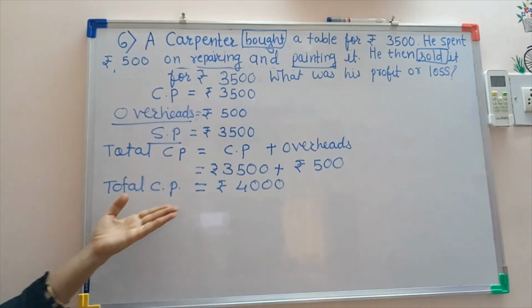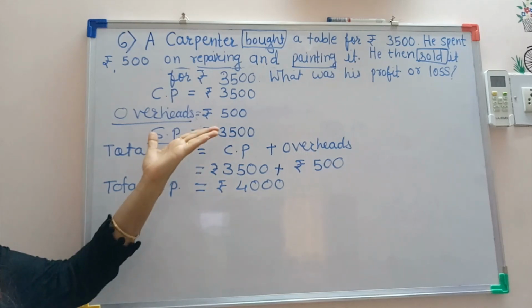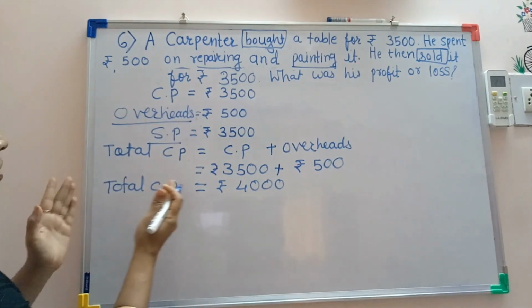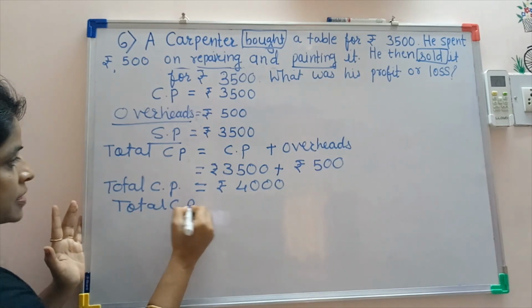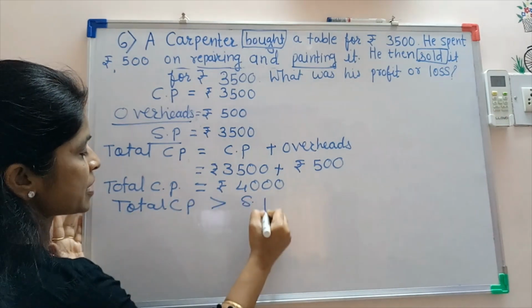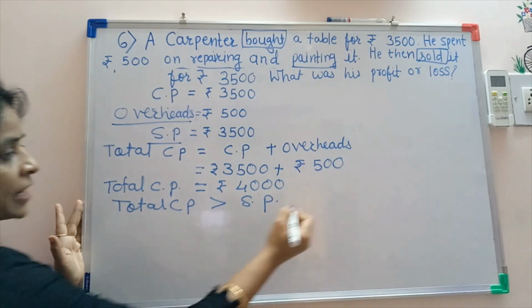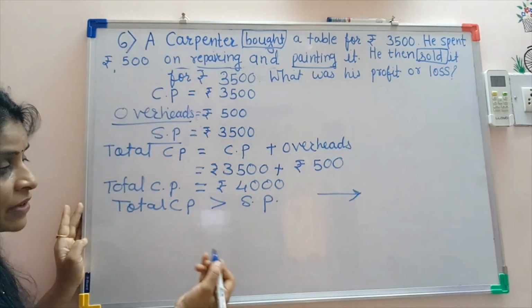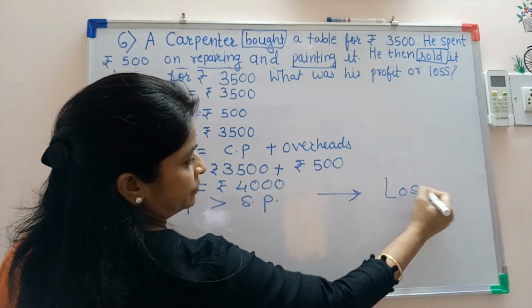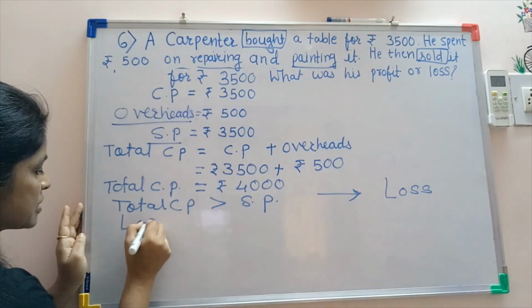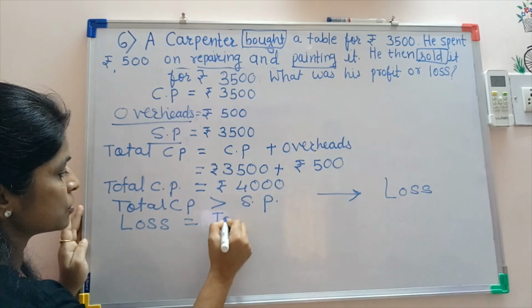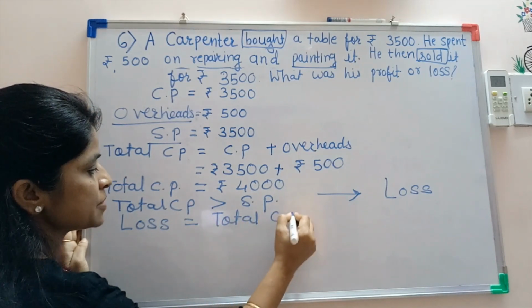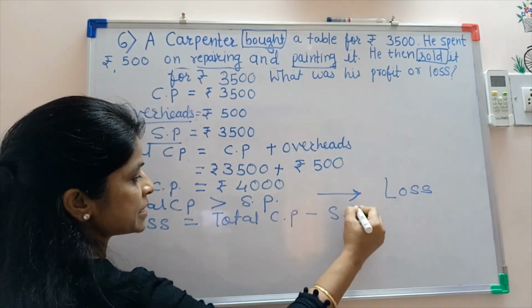Now students, compare total CP and SP. Here total CP is greater than selling price. So that means there will be loss. Loss is the difference, total CP minus selling price.